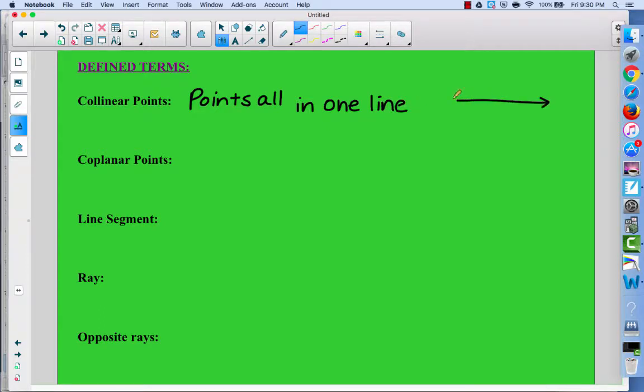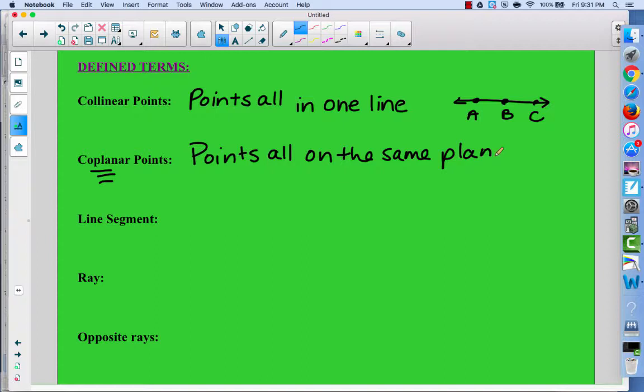So if I have a line with the points A, B, and C, A, B, and C are collinear points. They're on the same line. Whereas coplanar points are points all on the same plane. So if I give you A, B, C, and I tell you that this is plane G, then A, B, C are coplanar points.